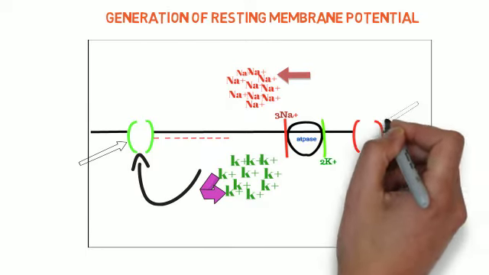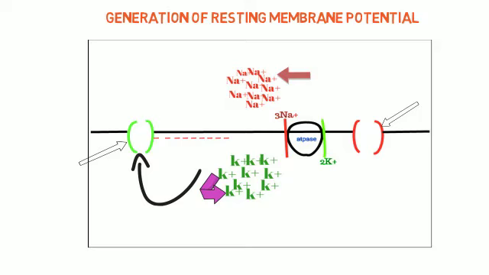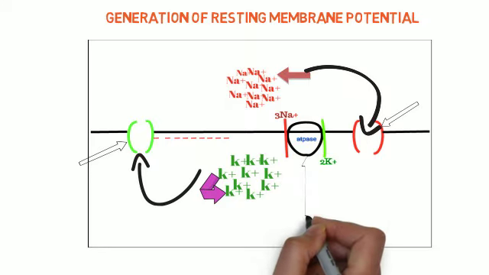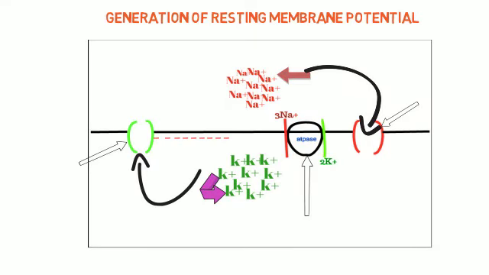Similarly, there is also a sodium leak channel which tries to bring the sodium from the outside to the inside of the cell, and this will try to break the charge separation which is produced by the movement of the potassium. So here we have to understand the role of the sodium potassium ATPase pump.